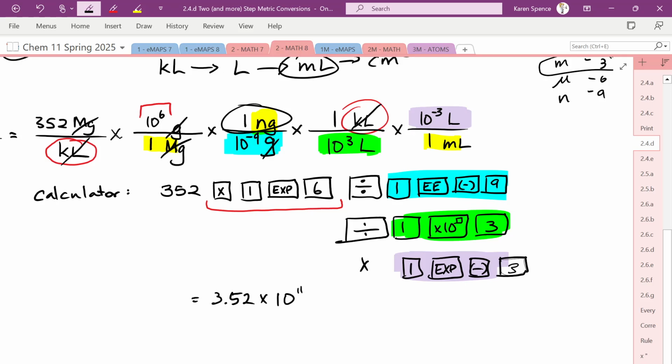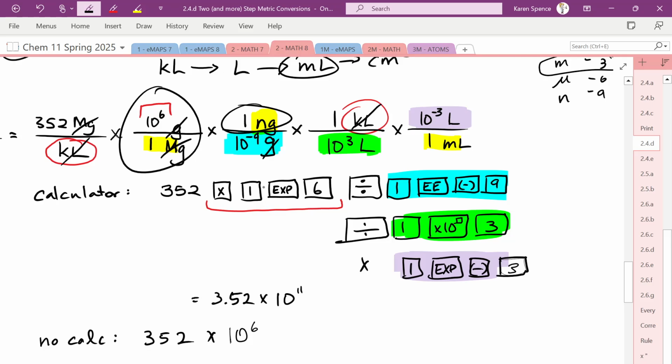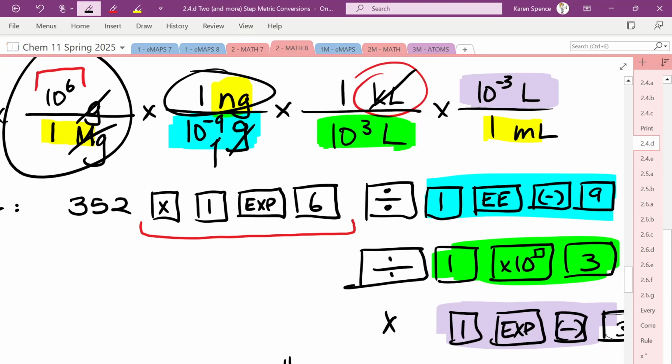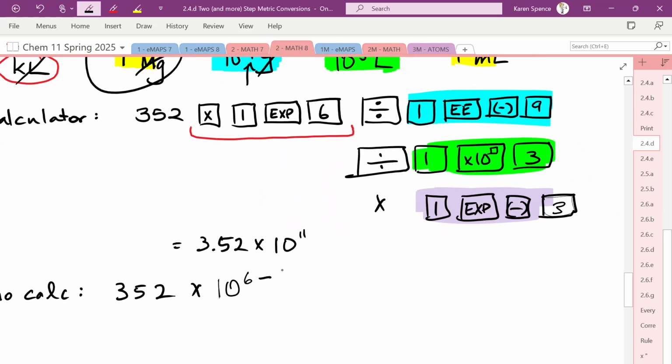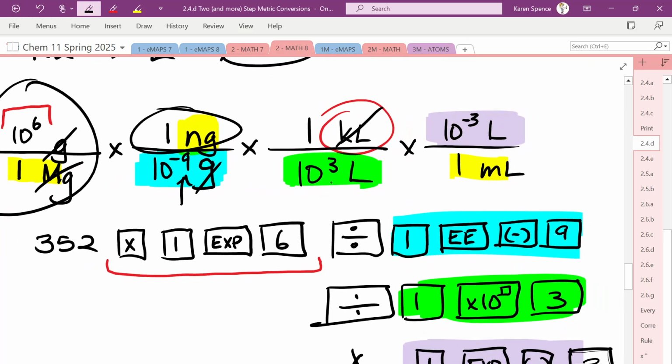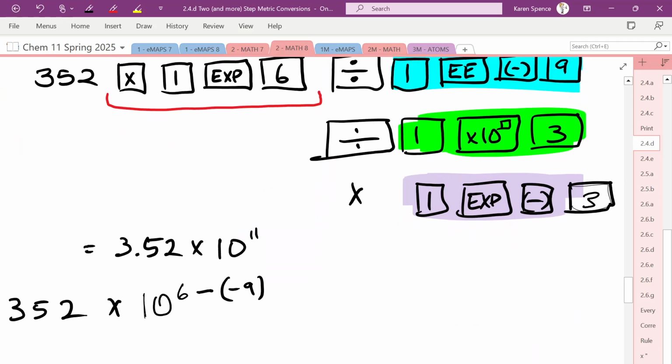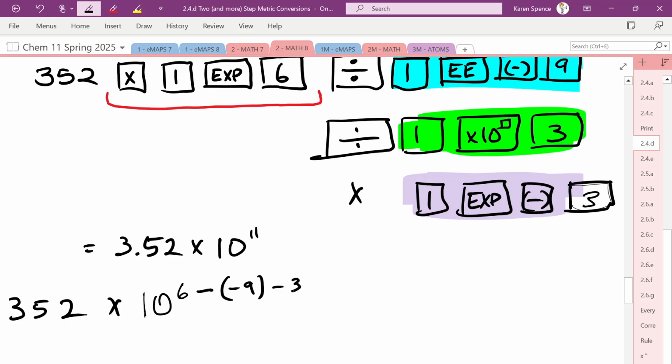The other way to do it, if you don't like the calculator, is with no calculator. You can say, I have 352 times 10 to the 6. And now all the rest of my things are tens, yes? I'm dividing by 10 to the negative 9, so I'm going to subtract negative 9. Then I am dividing by 10 to the 3, so I'm going to subtract 3.